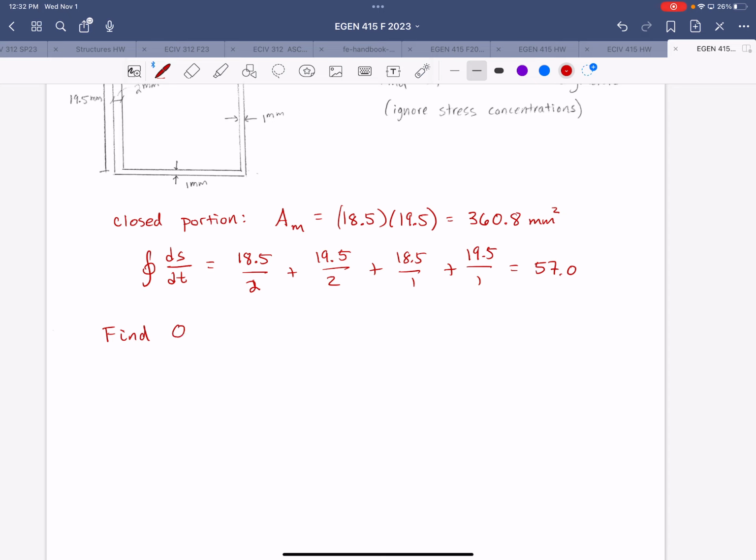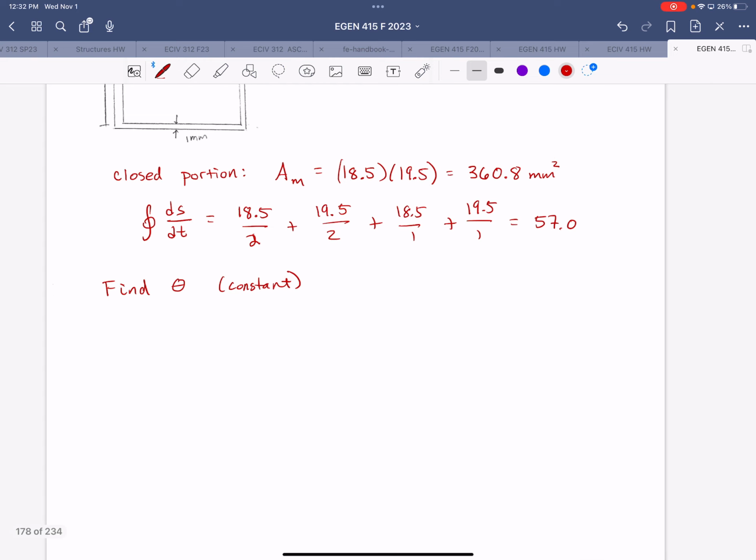So we're going to find the twist rate, knowing that it is constant. So torque with a capital T is equal to G times theta.